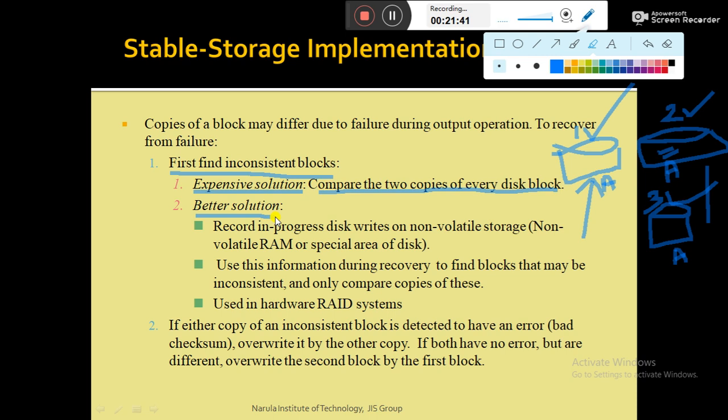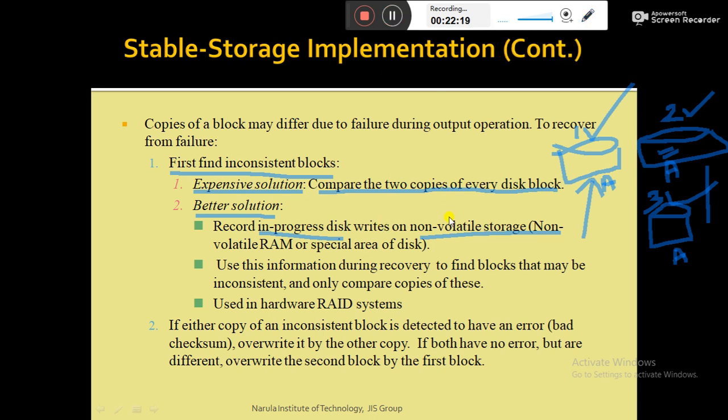What is that? We record all the in-progress disk writes on non-volatile storage. Whenever we try to write or update the disks, all those operations are recorded in non-volatile storage, mainly on magnetic tape. So whatever data is going to be modified is stored in non-volatile storage like magnetic tape.